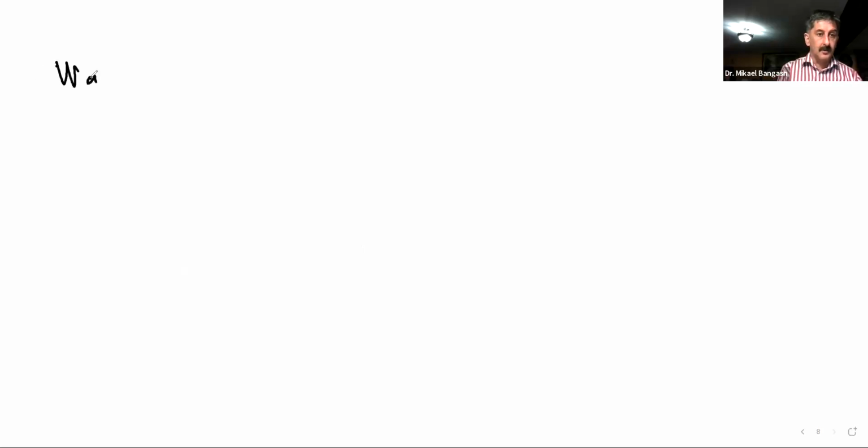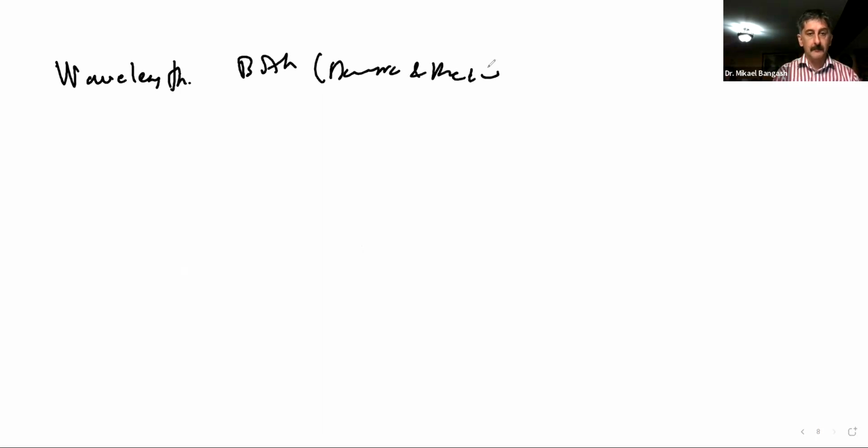Now, wavelength was both source and medium. As a matter of fact, it is the only parameter determined by both source and medium. We said frequency.